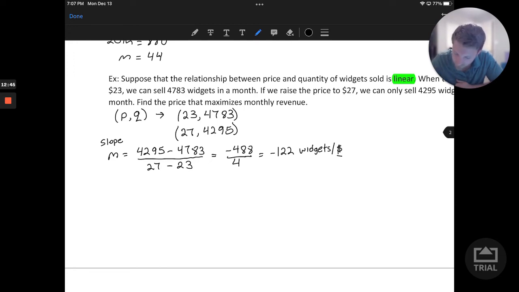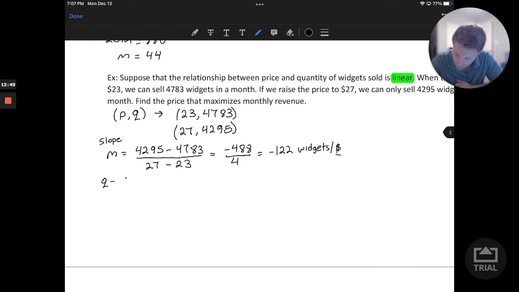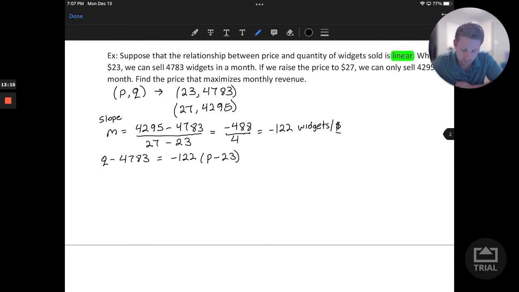So we have that Q minus Q1, the first quantity we could use is 4,783, is equal to my slope, and then we'll have the price minus the first price, which is $23. So point slope form here. We'll go ahead and multiply this out.